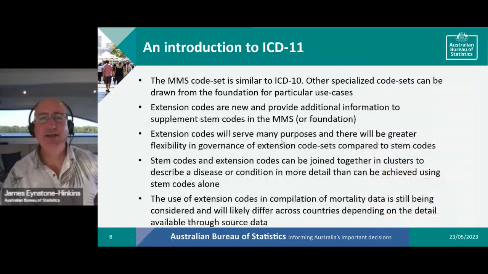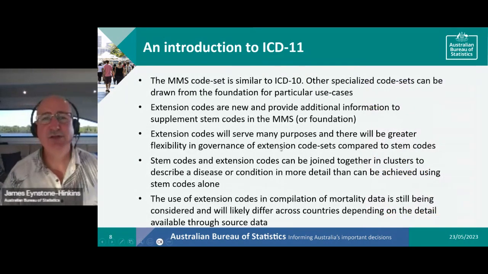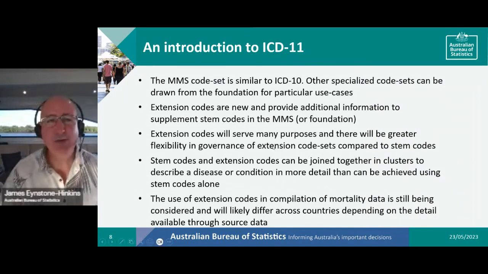So as I say, the MMS code set more or less mirrors ICD-10, but it is, of course, updated from a medical scientific perspective, and it will differ in some ways with a slightly different chapter structure. But the main thing that we will have to get our heads around is extension codes. Extension codes are a whole new chapter.